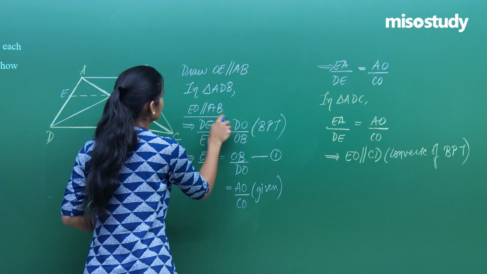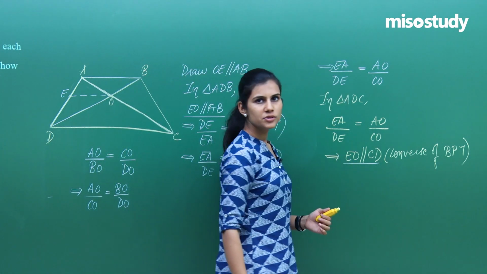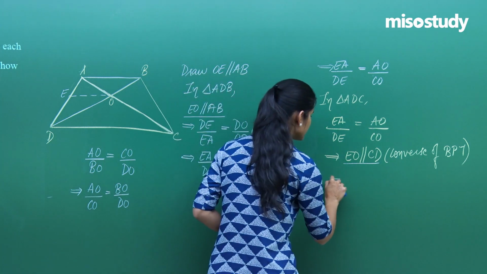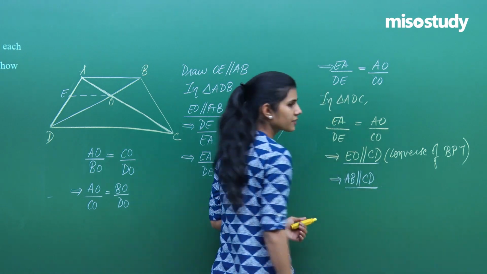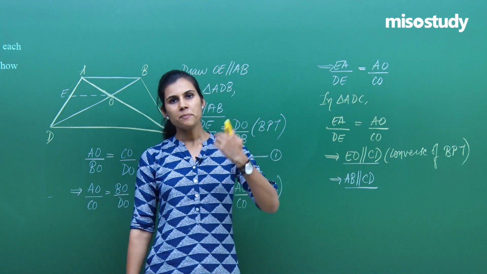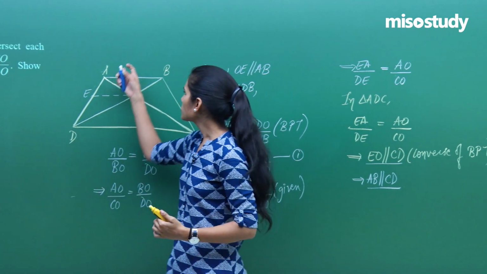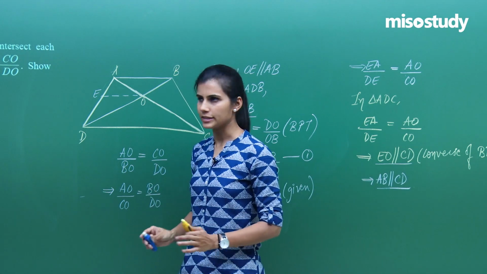So you had constructed EO parallel to AB and you have proved EO is parallel to CD as well. Two lines parallel to the same line are parallel to each other. So you get AB is parallel to CD. A quadrilateral in which one pair of opposite sides is parallel is a trapezium. So because one pair of opposite sides has come out to be parallel, clearly it is a trapezium.